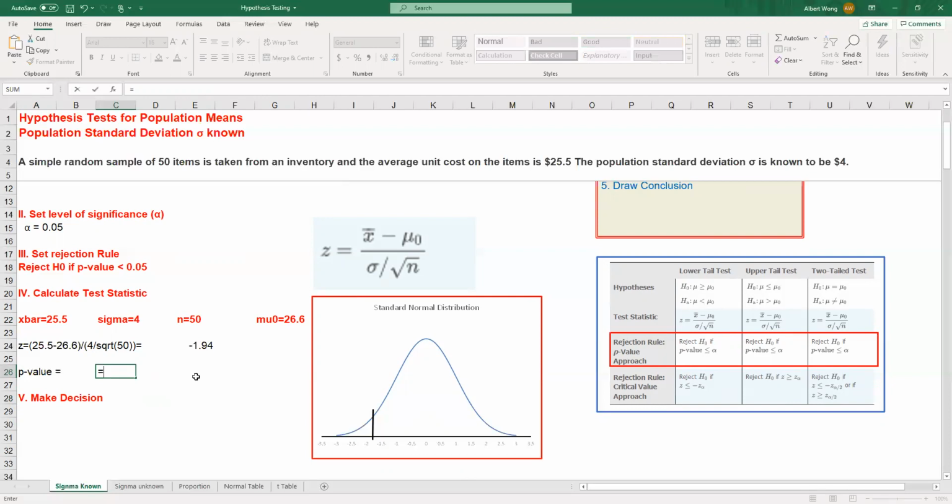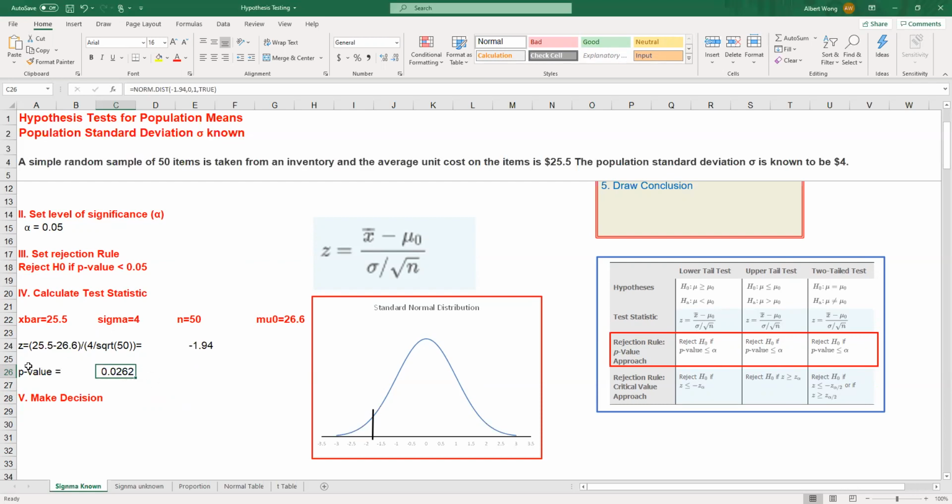In Excel, the probability will be NORM.DIST of negative 1.94. Because it's standard normal, the mean is equal to 0, the standard deviation is equal to 1, and this is a cumulative probability, so it's TRUE. And so the p-value is 0.0262, which is the same as what we find from the table.